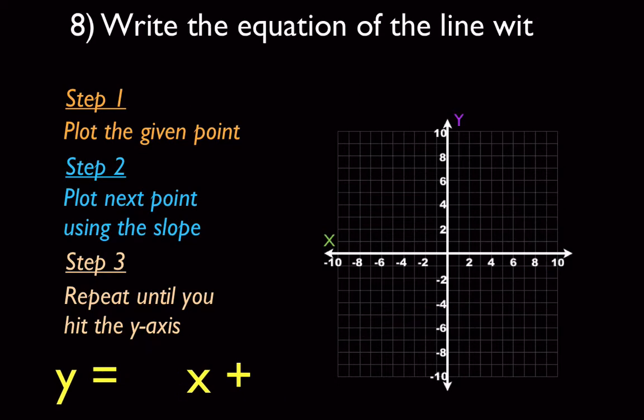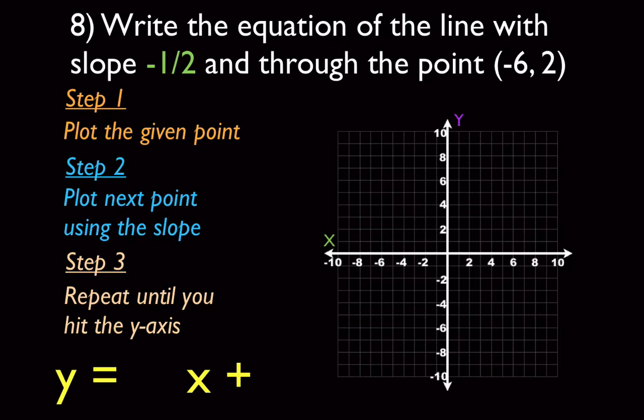Okay, the last one to try on here. Write the equation of the line with slope negative 1/2 through the point negative 6, 2. Alright, so starting off with negative 1/2, we're going to start with our first point at negative 6, 2.